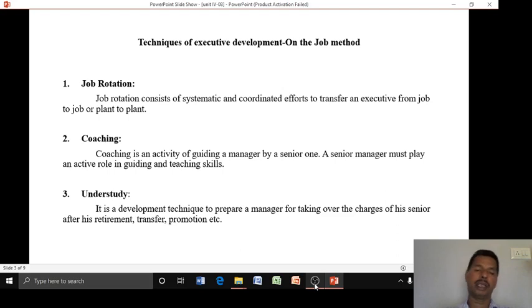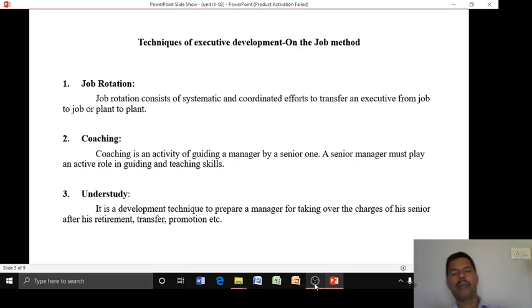Next, the third method of executive development is understudy. It is a development technique to prepare a manager for taking over the charge of his senior after his retirement, transfer or promotion.